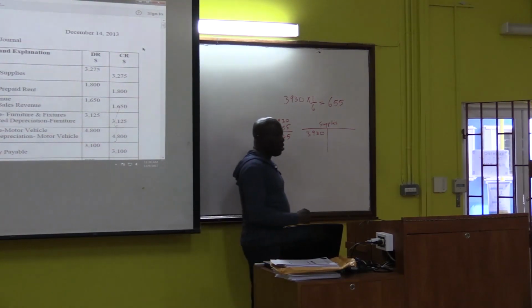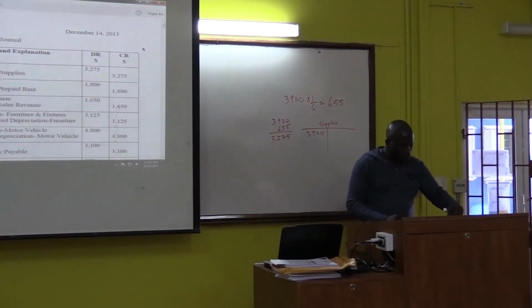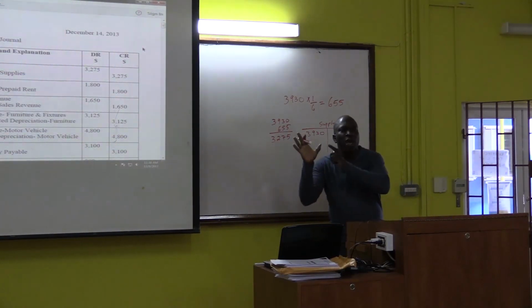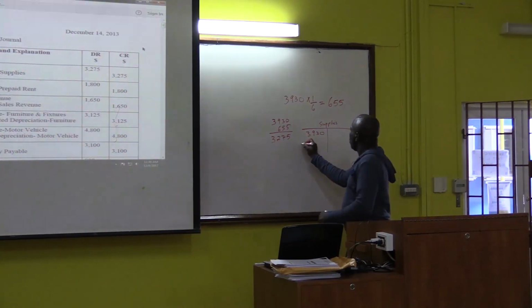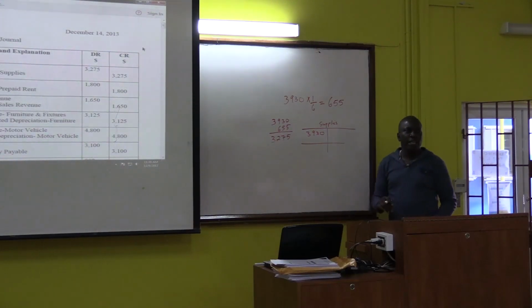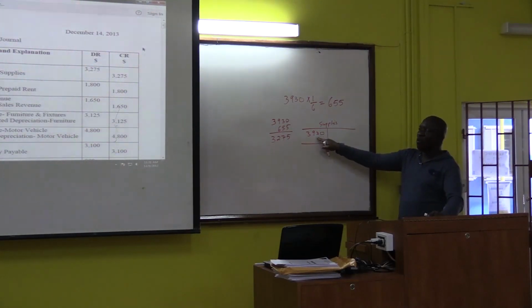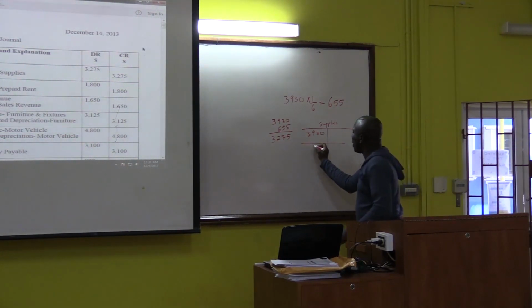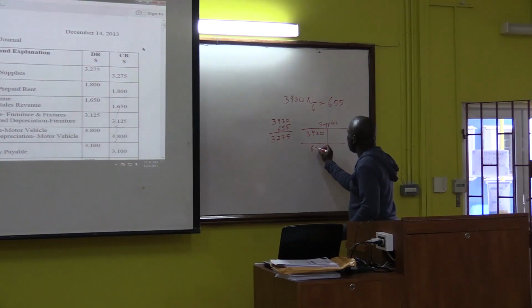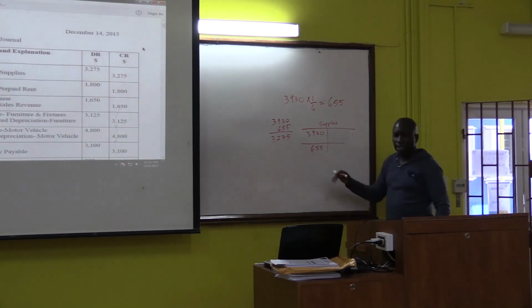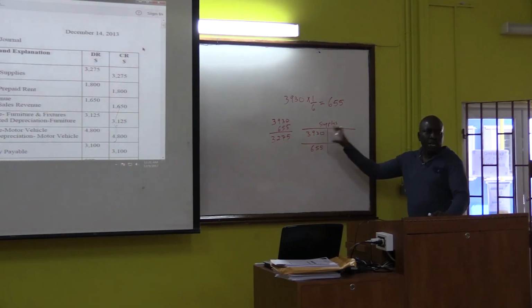And the question paper said 1/6 of the supplies remain. That means we are left with 1/6. Just look at what I'm doing right here. If initially we start off with 3,930, and now we are left with 655, what do you think we need to do?